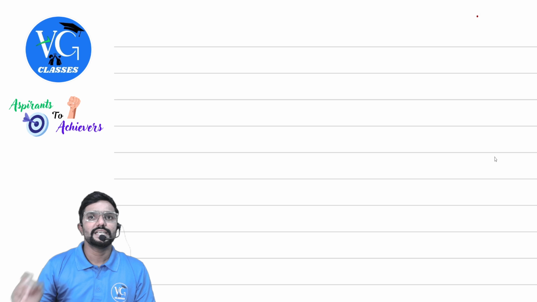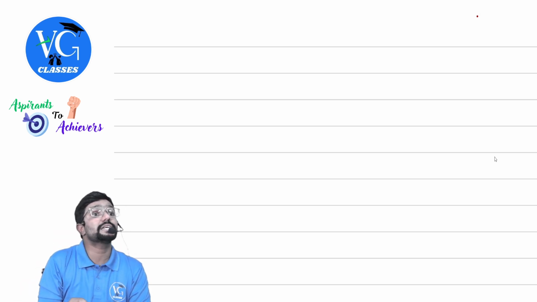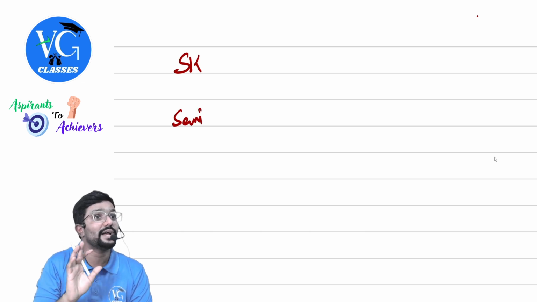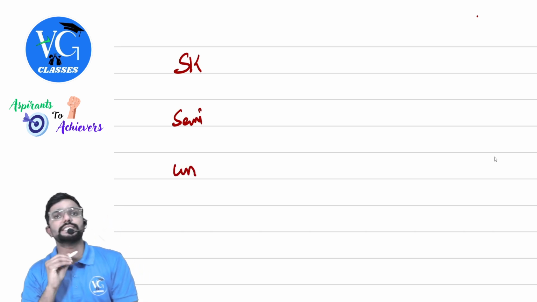Listen guys. Assume there are three categories of workers: skilled, semi-skilled and unskilled.